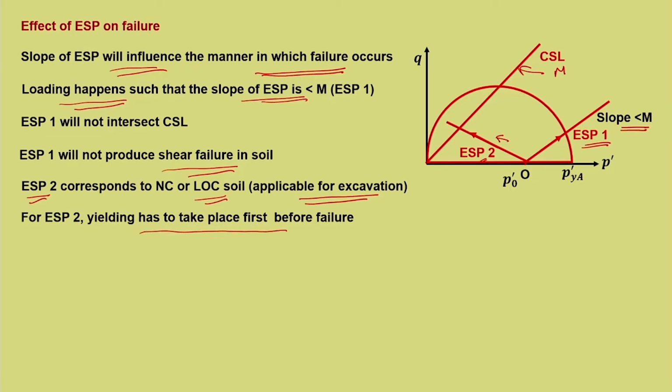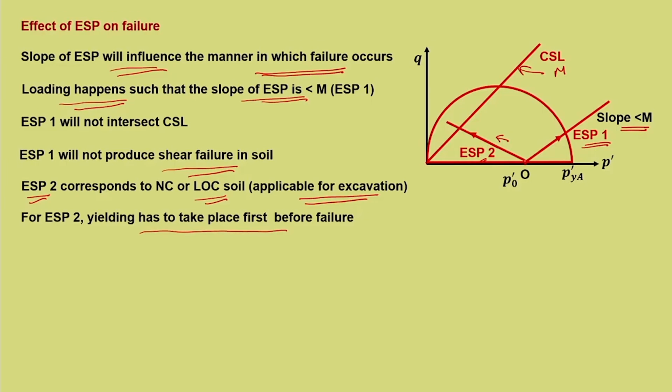We have seen that in all our previous discussions, for NC and LOC, it yields first and it fails, but then it was very easy, it never crossed the critical state line. When did it cross the critical state line? First, the effective stress path crosses critical state line, yields and then comes back, means it is a typical HOC behavior.